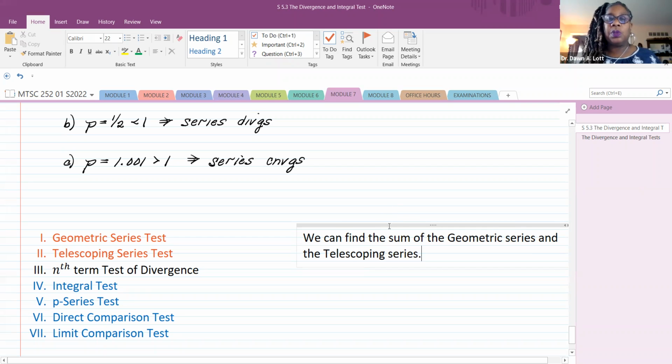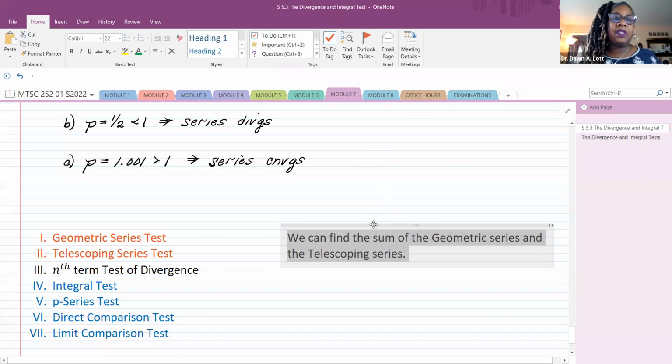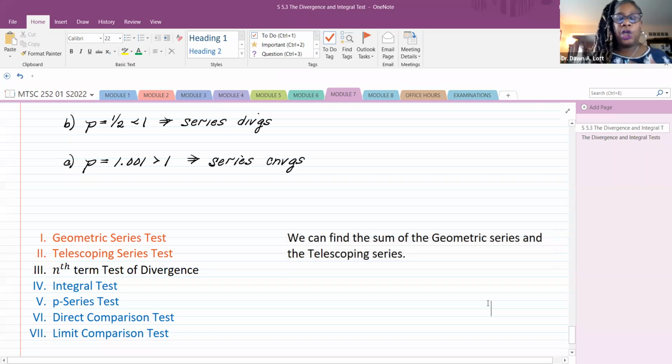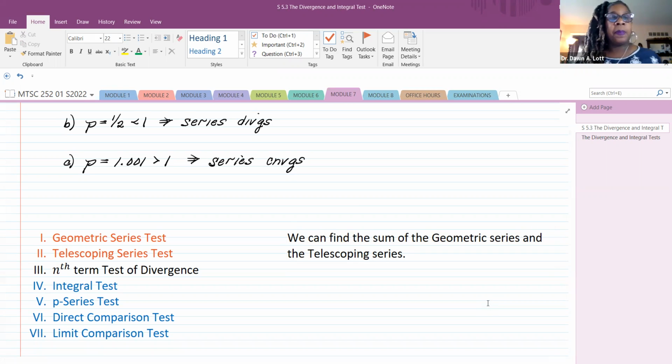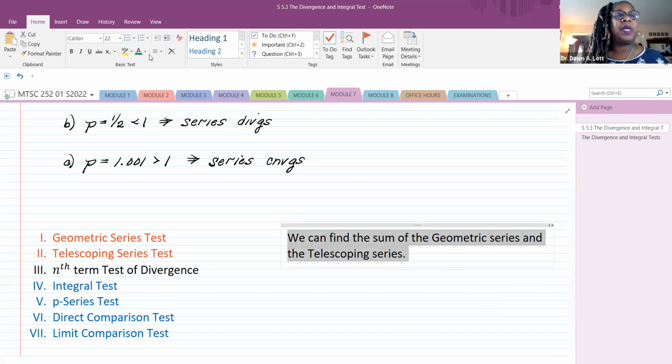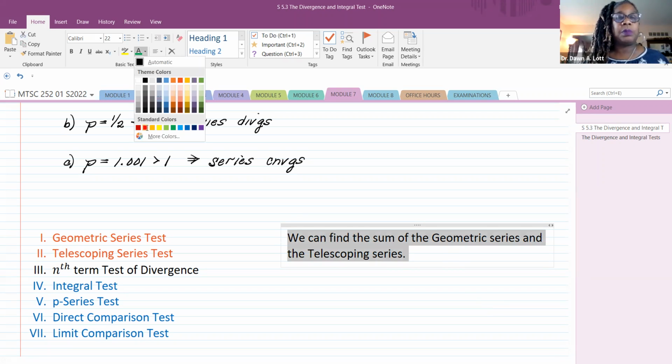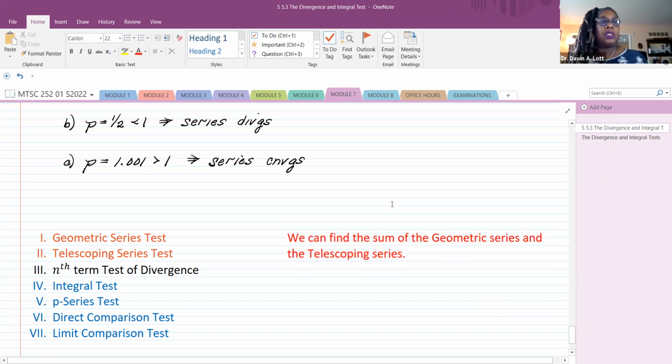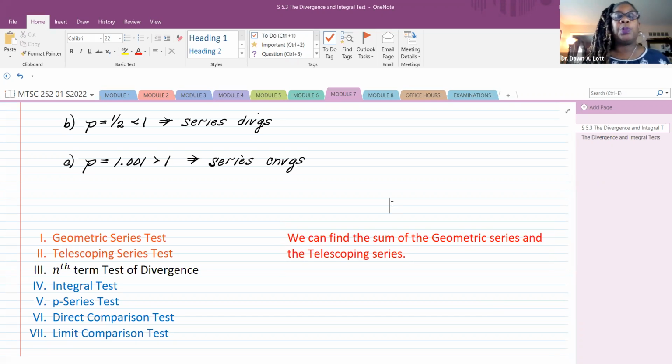So on the test, it will say, identify the type of series, determine if the series converges or diverges. If it is a series where you can find the sum, you must compute the sum. So for geometric series and telescoping series, we can find their sum. I put them in red to be special all by themselves. Any questions about that?